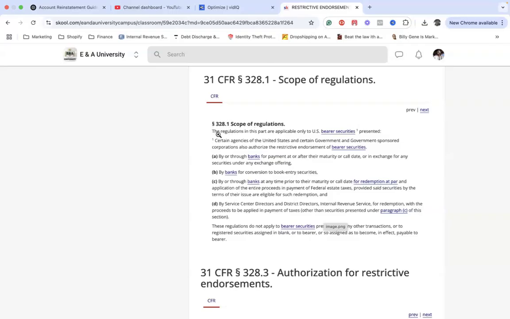328.1 Scope of regulations. The regulations in this part are applicable only to the US, right? Bearer securities presented.